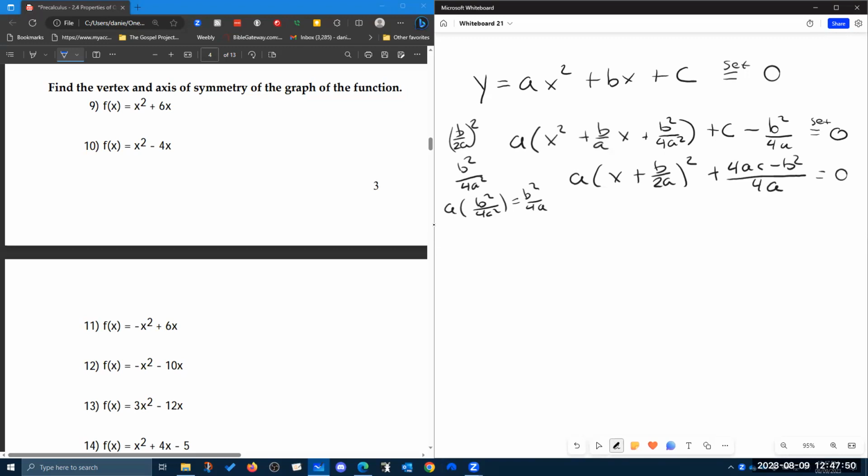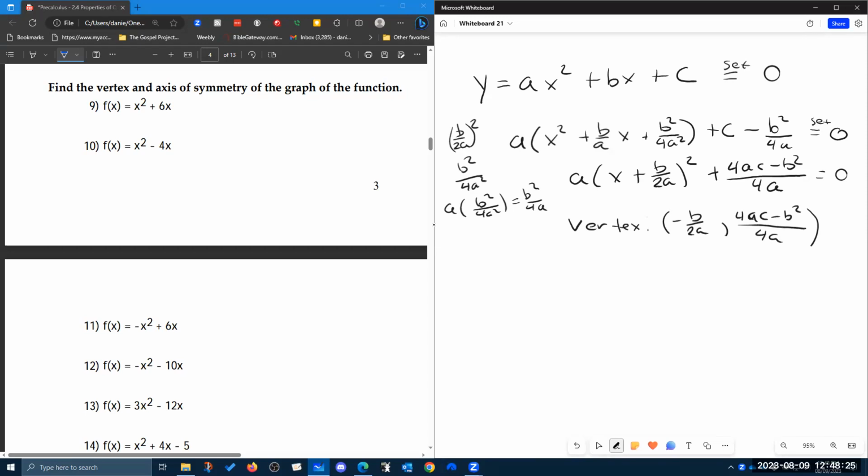Now, we've completed the square on the left-hand side, so you could probably tell me right now that the vertex of this is going to be at negative b over 2a and at 4ac minus b squared over 4a, like so, for the vertex. And you would be correct in seeing that.